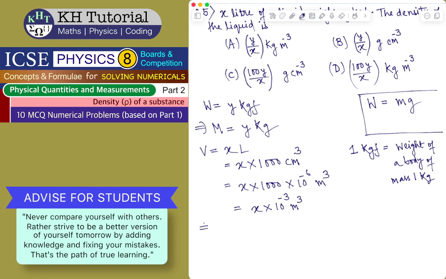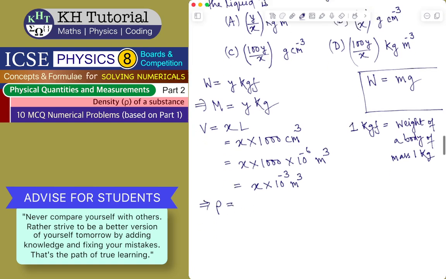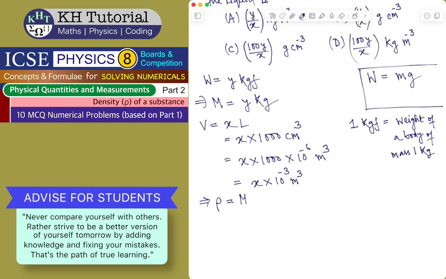So this implies what will be the density? Density will be equal to mass by volume. Mass is y kilogram and volume is x multiplied by 10 to the power minus 3 meter cube. So this becomes y multiplied by 10 to the power 3 divided by x, this much kilogram per meter cube.